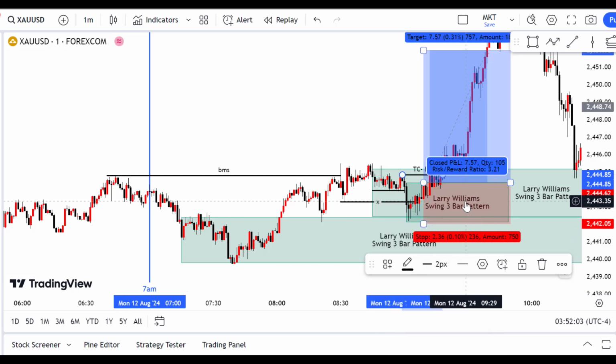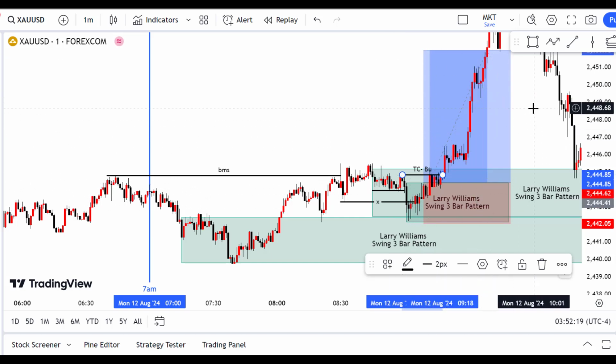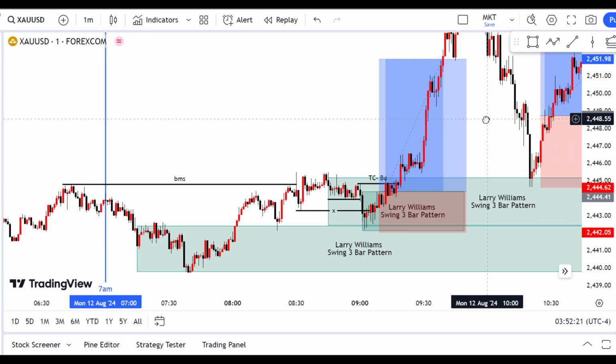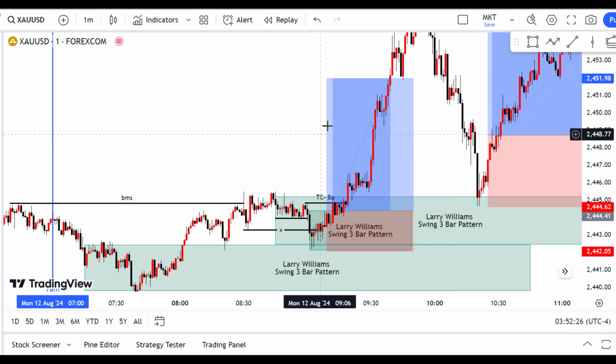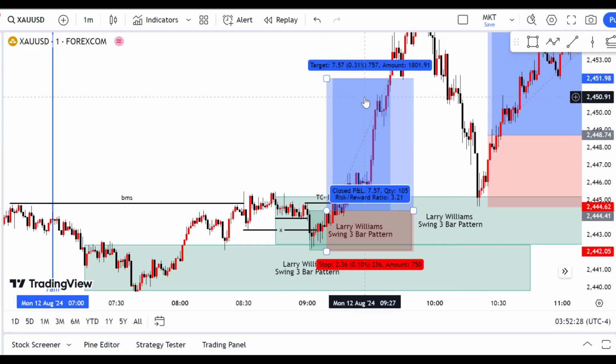After it became bullish, price quickly hit our Lawrence theory bar reversal pattern. As it hit it, we enter at that point, which is our Lawrence theory bar pattern. We set our risk reward to 3 to 1, which is risking 1 to get 3.